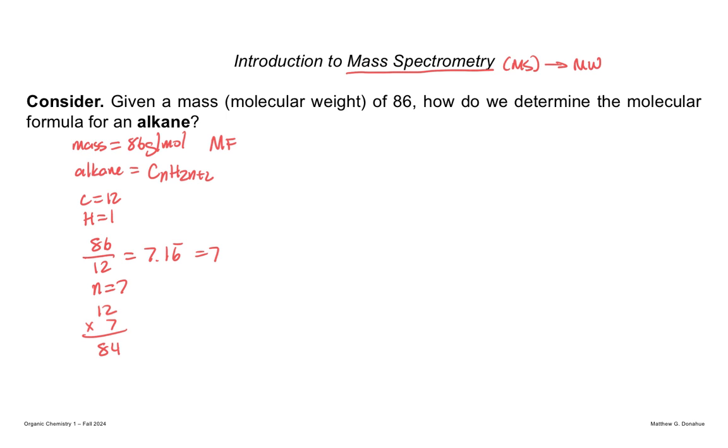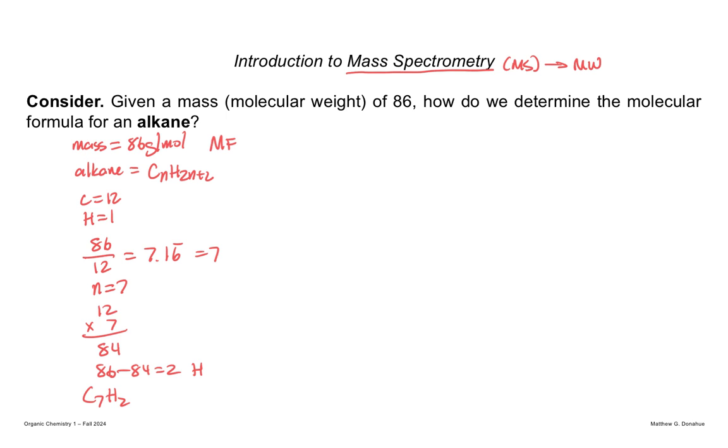So 84 of that mass belongs to carbon. And then we can say 86 minus 84 equals 2. So that would get us 2 hydrogens. And so the molecular formula would be C7H2.